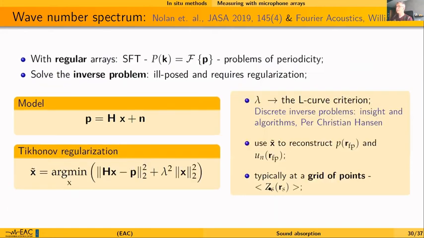So basically, what we do is use a Tikhonov regularization to compute the amplitude of the plane waves. That means that we are doing this kind of optimization problem, which is unconstrained, but basically we're trying to minimize the difference between what the model predicts and the measured data, while we try to keep the norm of the amplitude of all the plane waves under a limit.